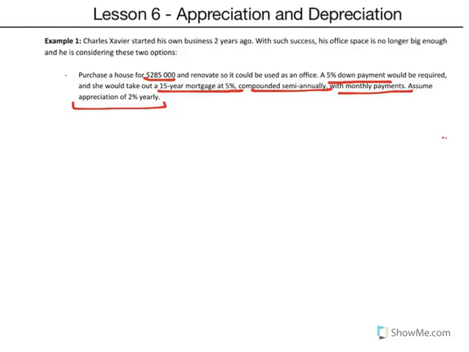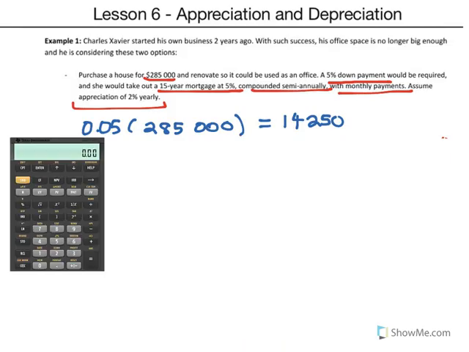So first we're going to figure out the down payment. We'll take 0.05 times 285,000, and he would have to make a down payment of $14,250. Now we're going to figure out the rest of his payments. So his N, it's a 15-year mortgage with monthly payments, so 15 times 12 is 180 payments altogether.